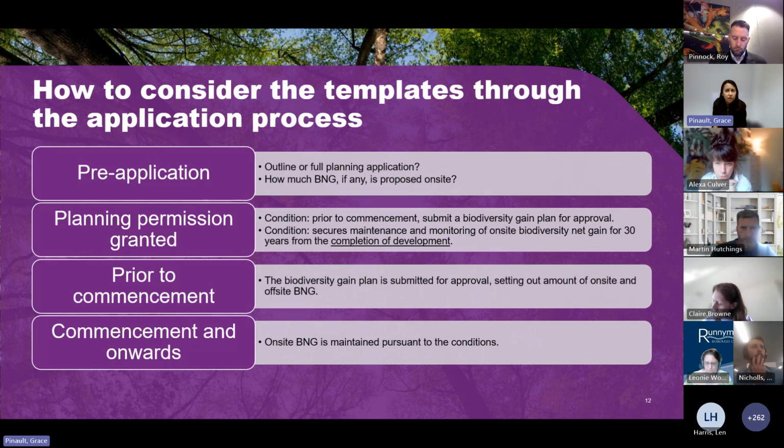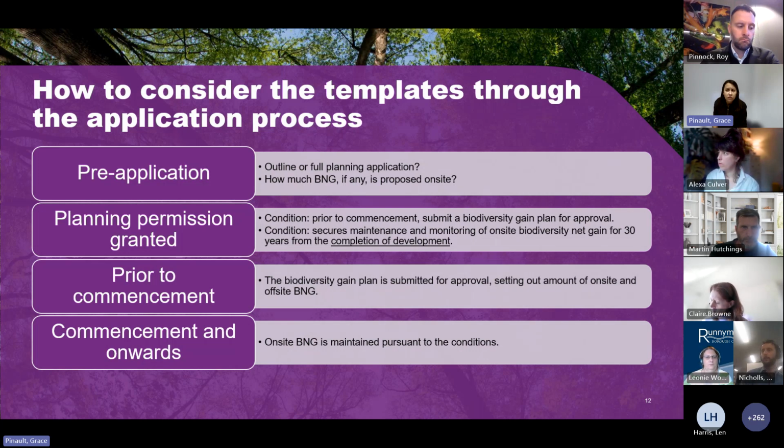But when considering conditions, I think it is worth at the pre-application stage thinking about what kind of planning application you're dealing with. Is this an outline or is it a full planning application? I mentioned that because something that we've seen during the transition period was treating both outline and full planning applications as the same. So you won't know what your post-development biodiversity value will be until after reserved matters are submitted.